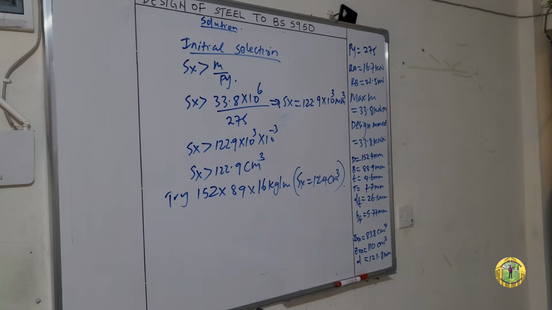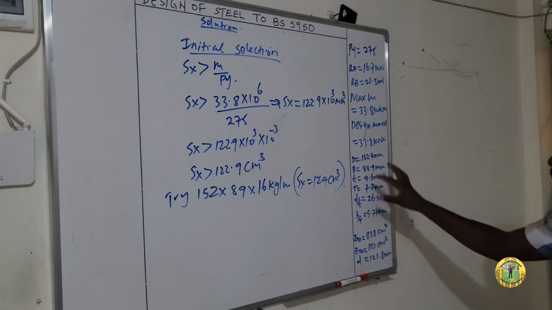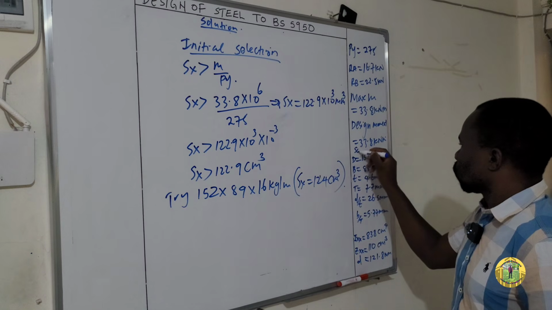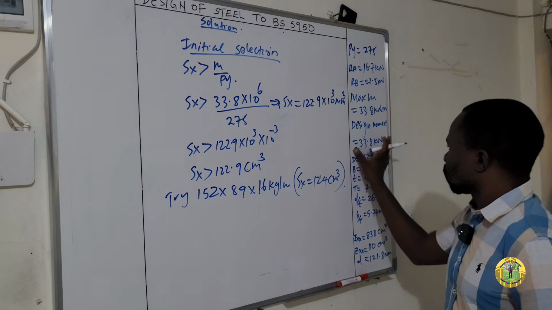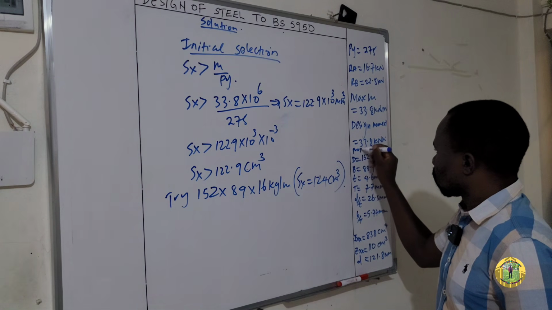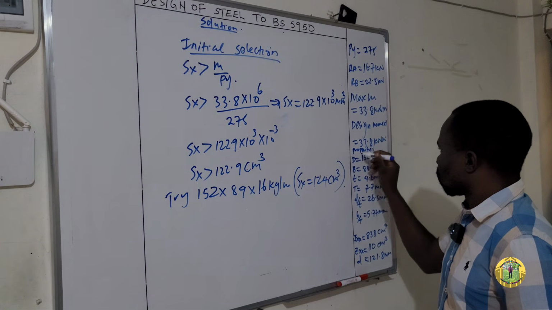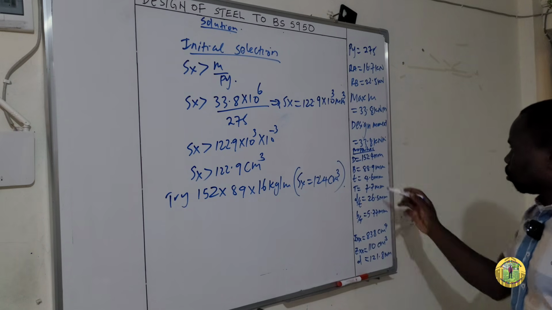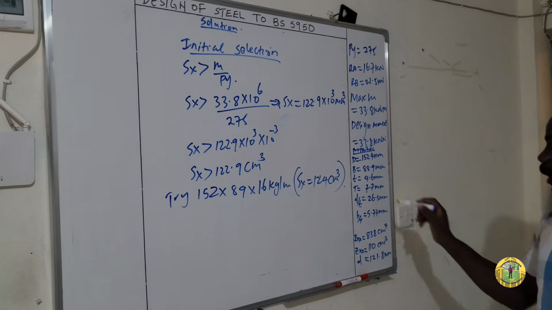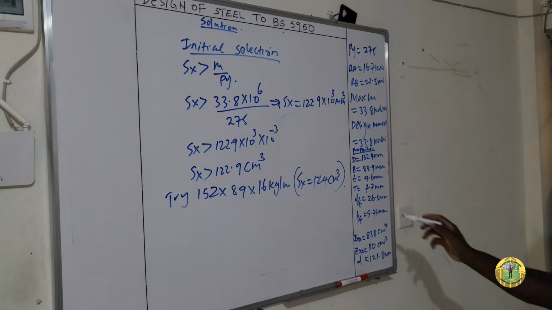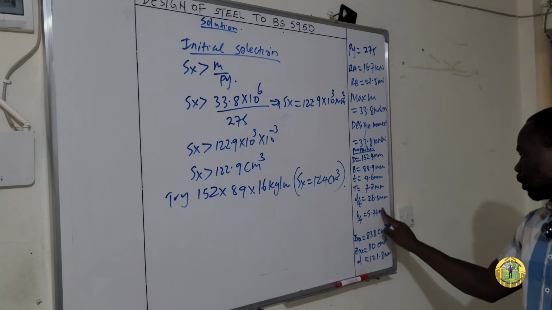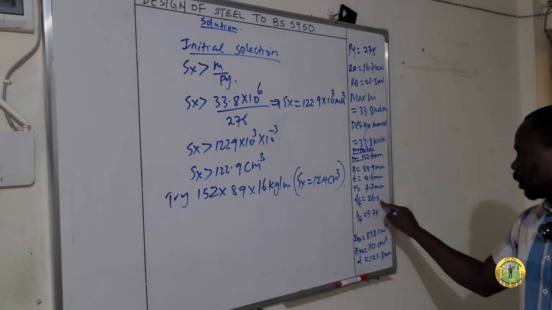So these are the section properties. I'll put them here. So we have D, which is 152.4, B is 88.9, t, small t, is 4.6, capital T is 7.7 millimeter, d over t is 26.5, b over T, so these don't have units.